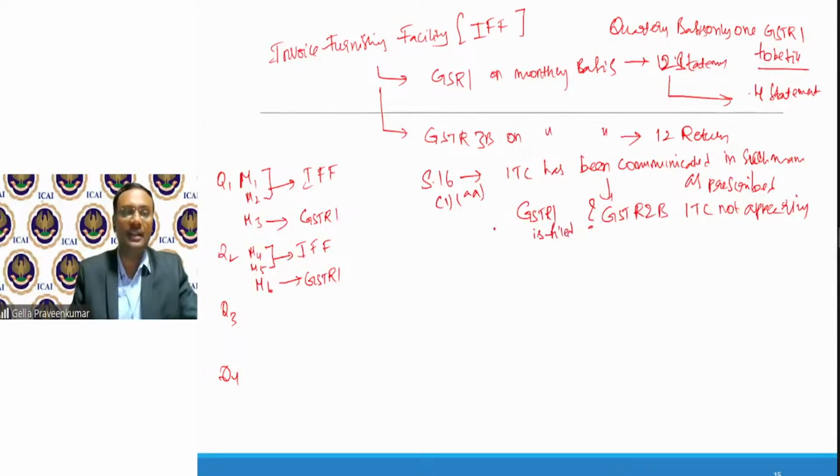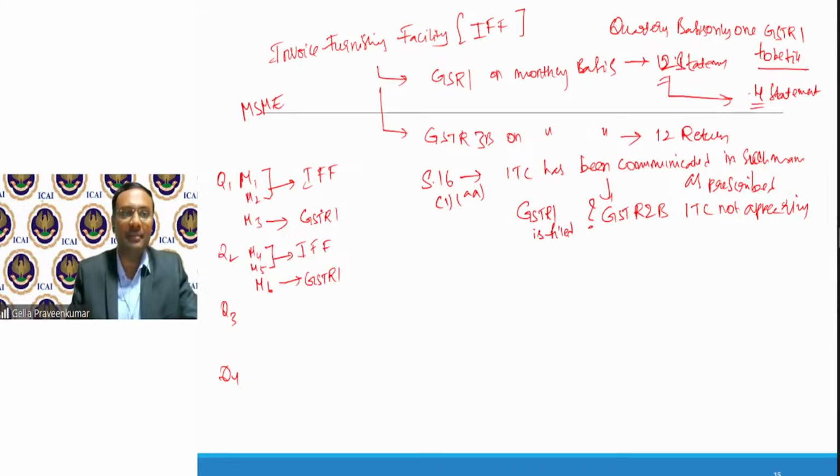Now the question came in. Sir, you are saying that month 1, month 2, this MSME business will benefit from filing quarterly returns. Instead of filing 12 statements, only 4 statements have to be filed. But now the question came here. So what will happen to this IFF, that is, month 1, month 2?